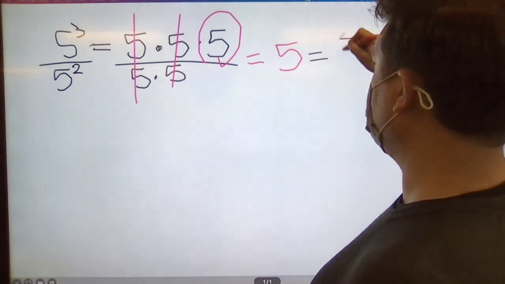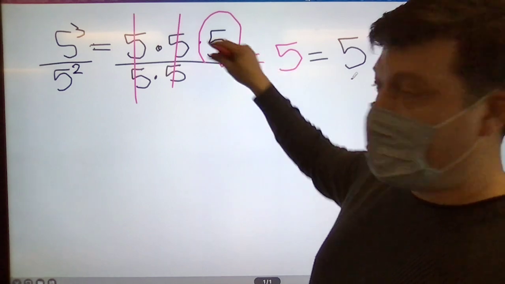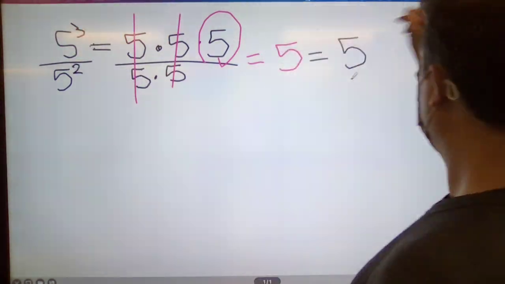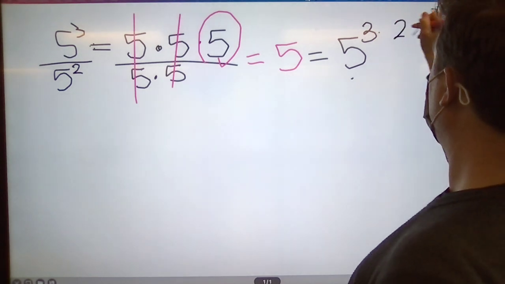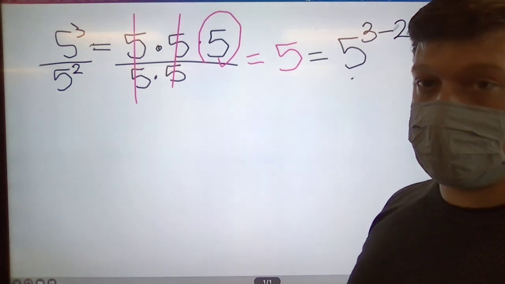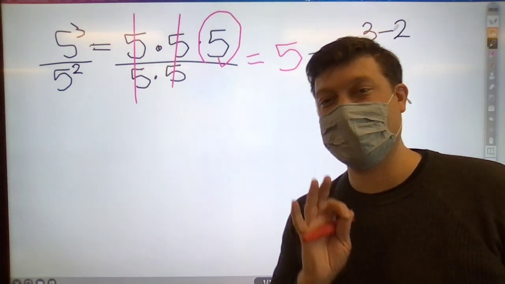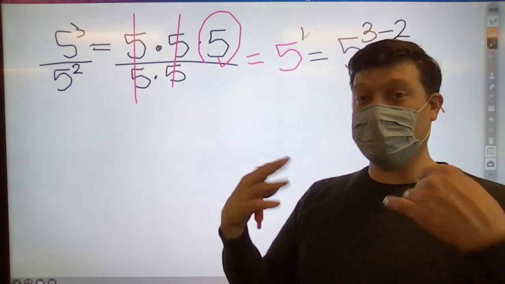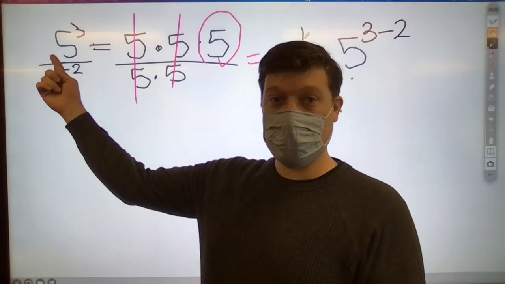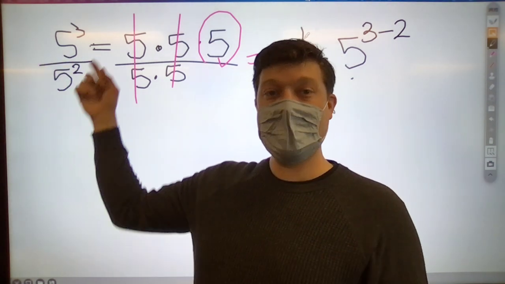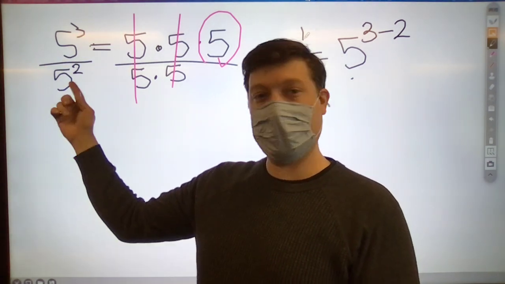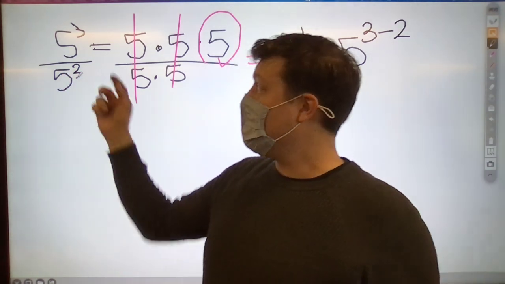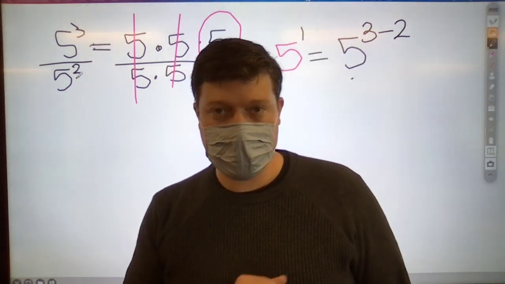We could have cleverly combined the 3 and the 2 with subtraction. That subtraction step lets us know that when we're dividing a base to an exponent by the same base to an exponent, we subtract the exponents.